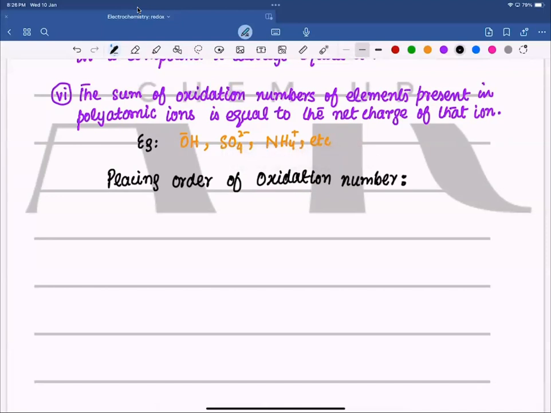So that is the order. So first and foremost, identify the net charge. That net charge can be 0 or it can be positive or it can be negative depending on whether it's a compound or a polyatomic ion.